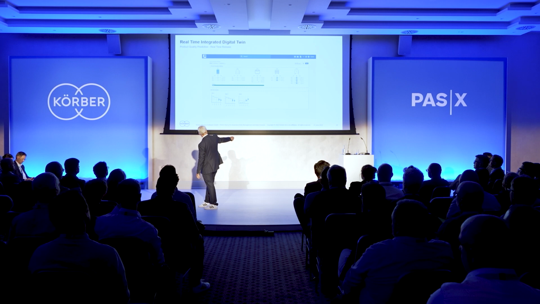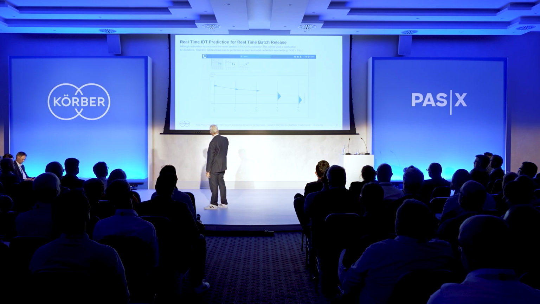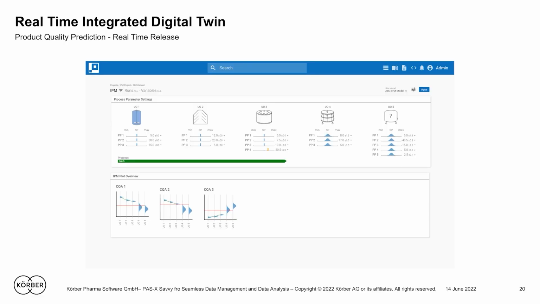They're still going to run. Then you can see what the prediction will probably be for the different CQAs. You can even go deeper and look at where that will finally end up. And like this, you have a real solution for real-time release, which is probably still one business case where we all think that's the future, but we're already working on that.